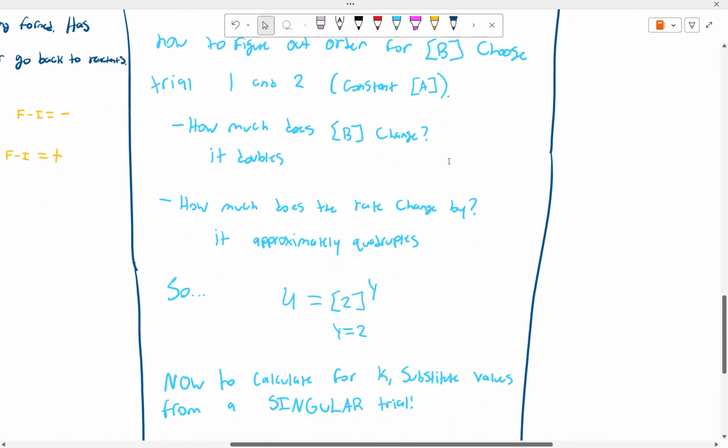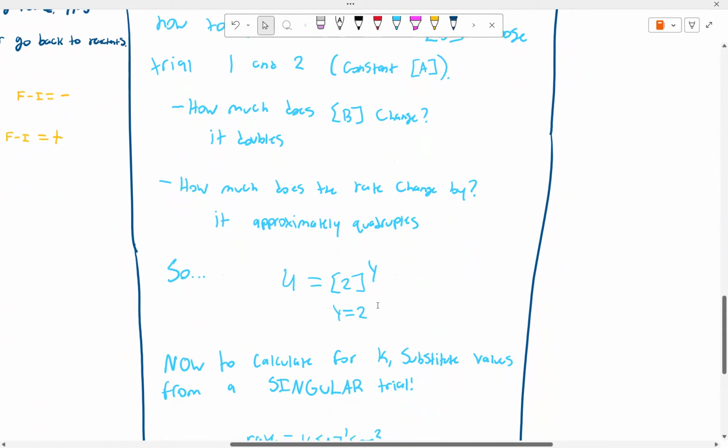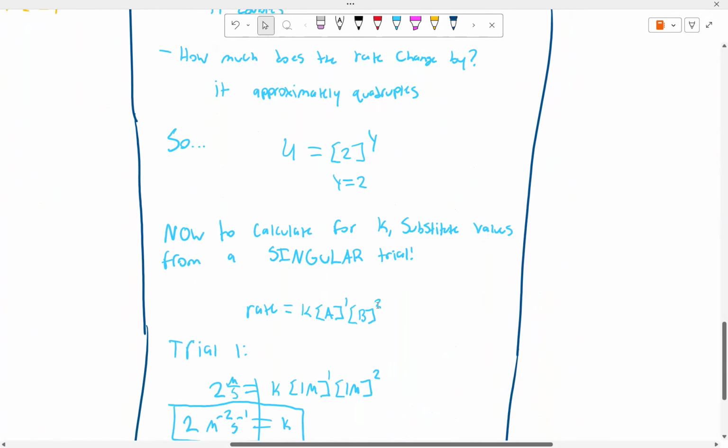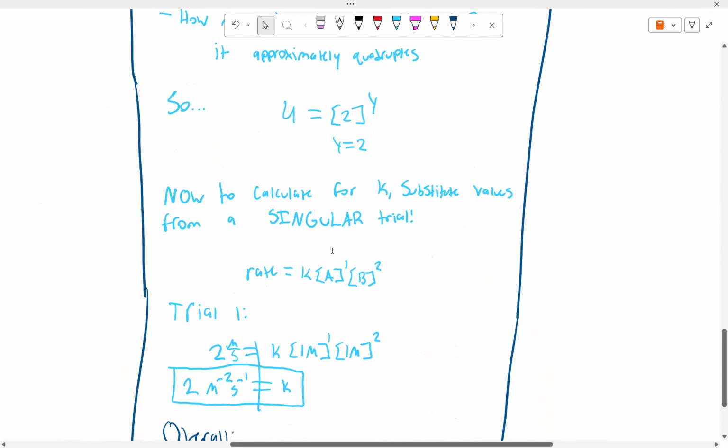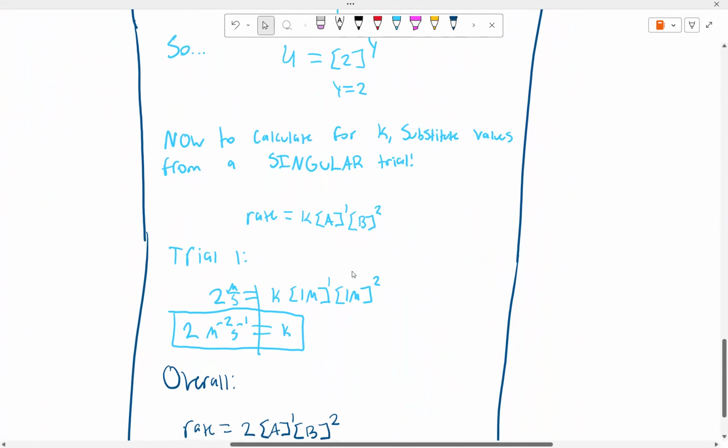So over here, I have 4 is equal to 2 to the power of y, and y is equal to 2, since 2 squared is equal to 4. So now we have our exponents for A and B. So we have our order. So this is a third order equation.